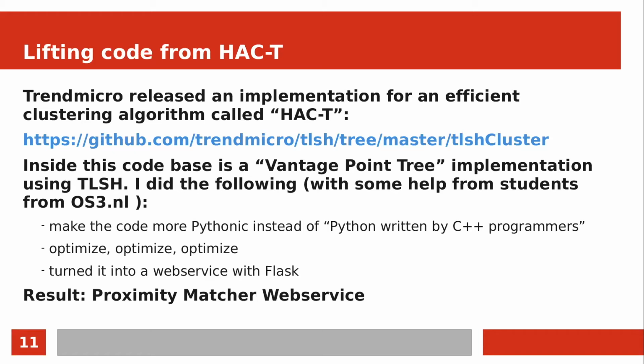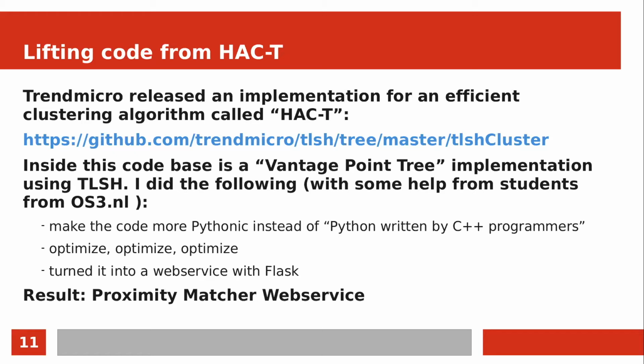So together with a few students from OS3.nl, the system administrator studies at the University of Amsterdam, we made the code a lot more Pythonic, instead of the original Python written by C++ programmers. We optimized the hell out of it and then turned it into a web service with Flask.